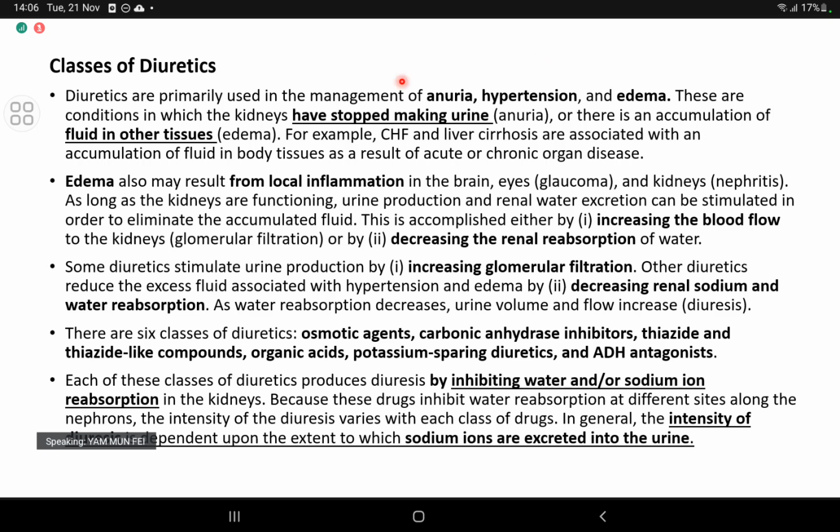So diuretics are mainly for a few conditions: anuria, hypertension, and edema. Edema I don't need to explain, everyone knows. Edema may be due to inflammation in local locations, special locations such as the brain, your eyes, and the kidney as well. As long as your tissue undergoes inflammation, definitely it comes together with edema.